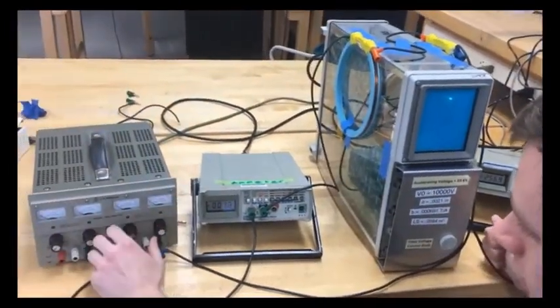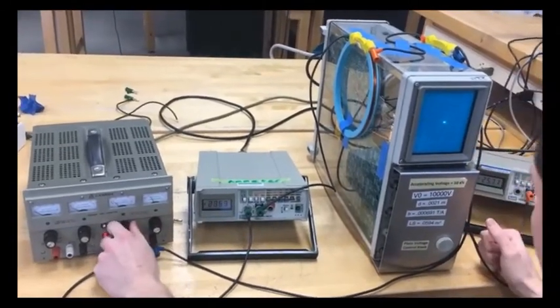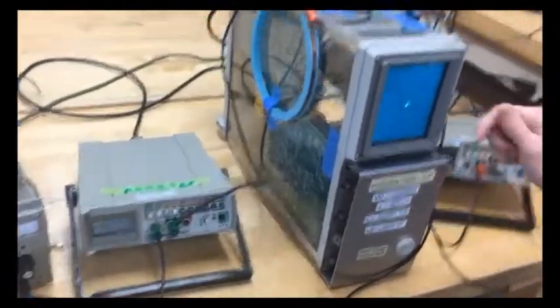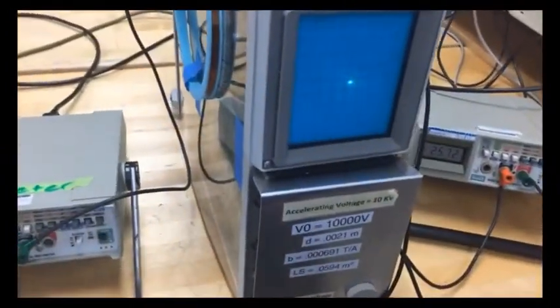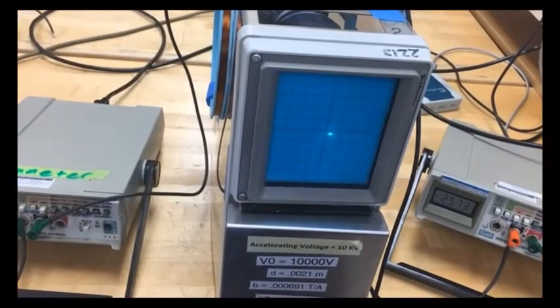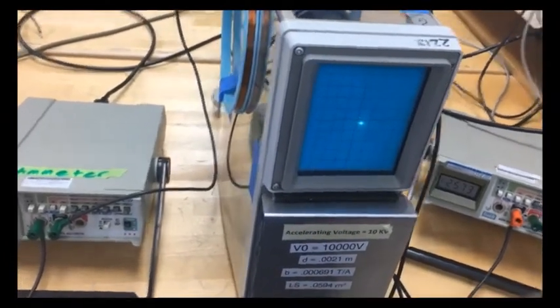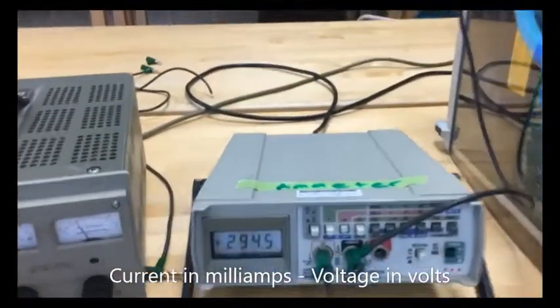Then I'm going to increase the current until it goes back down, right? Increasing the current puts it back down. I'm going to adjust the current until it is back where it started. Okay, we're back to about negative 1.5 there.